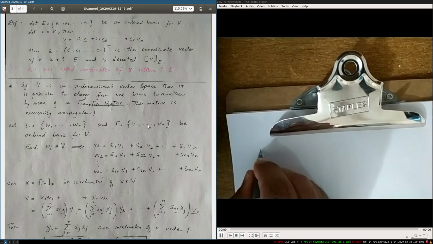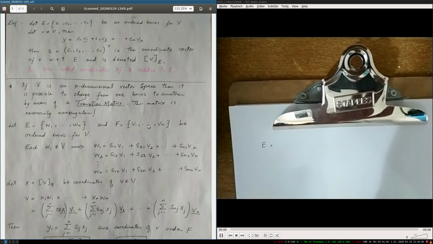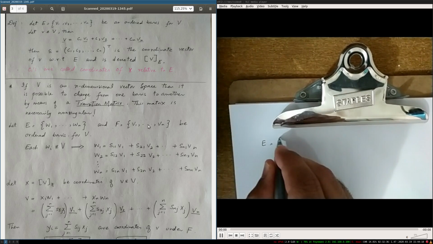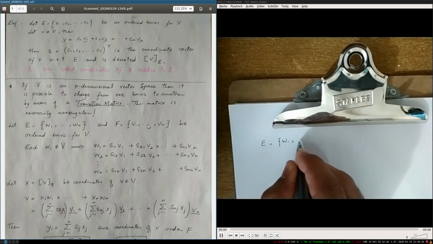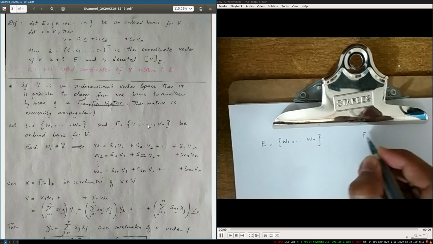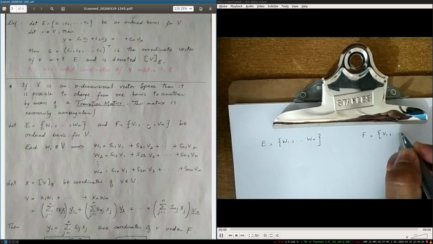I have a collection E that is W1 up until Wn, and I have a collection F that contains V1 up until Vn.